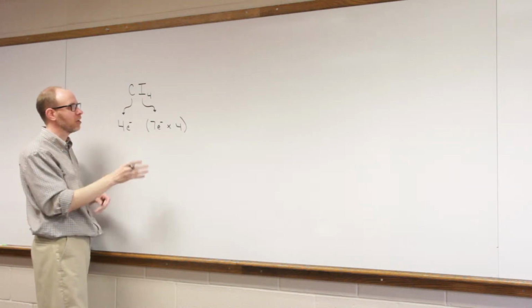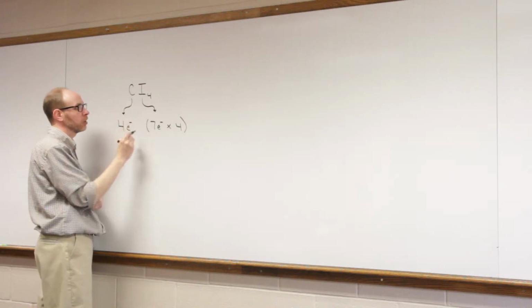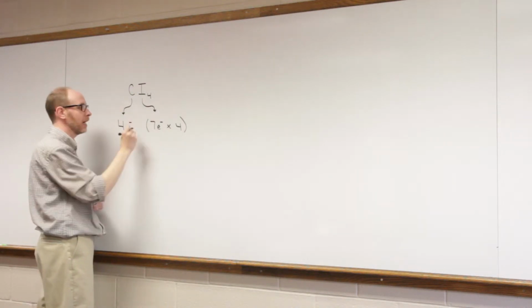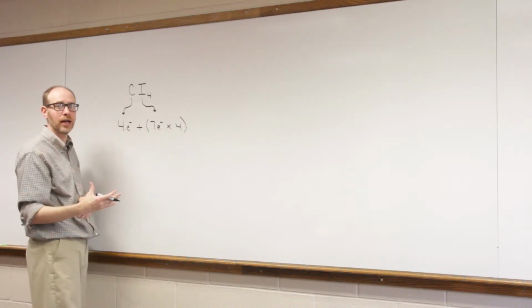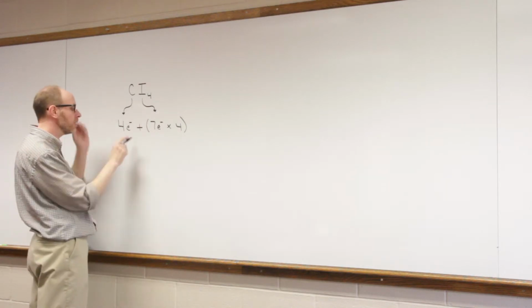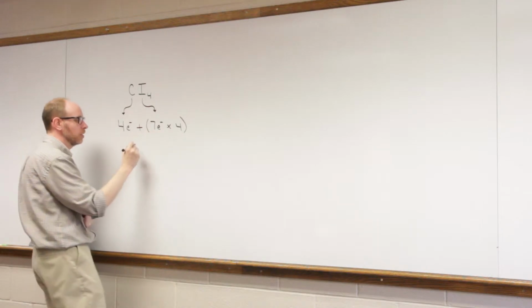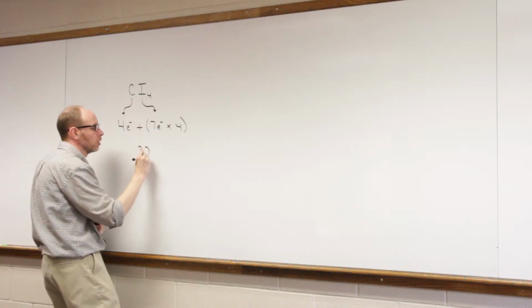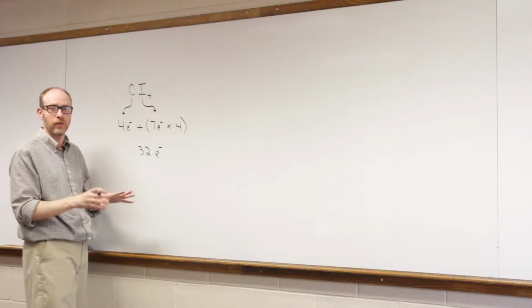And if we want to figure out how many total valence electrons there are, we'll add that 1 carbon to those 4 iodine atoms, and we will know then the total number of valence electrons that we're going to have to account for in our Lewis structure. So we have 4 plus 4 times 7 is 28, so we end up with a total of 32 valence electrons.